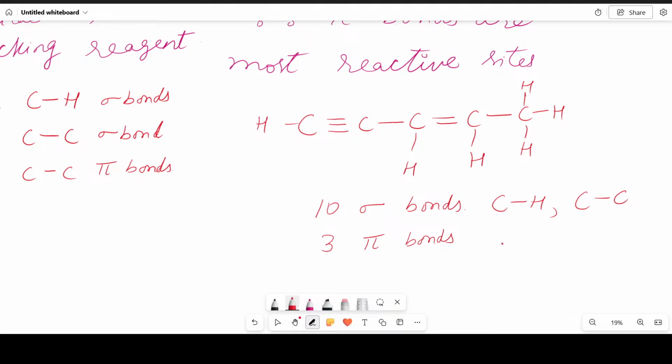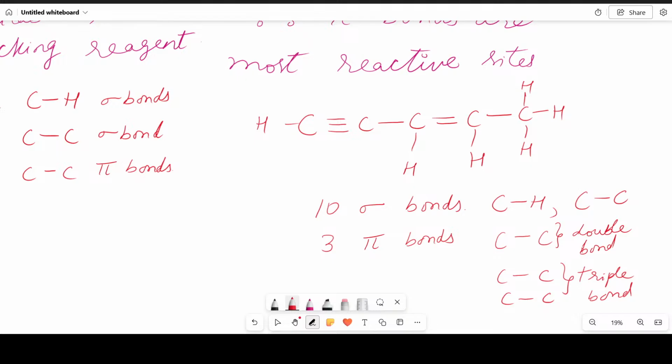Okay, 2 of them in the triple bond and 1 in the double bond. Understood, children?